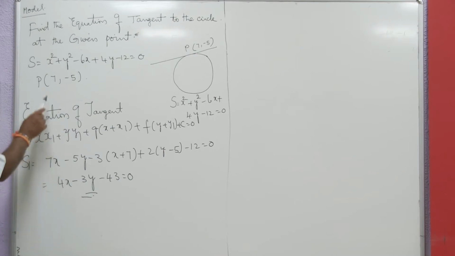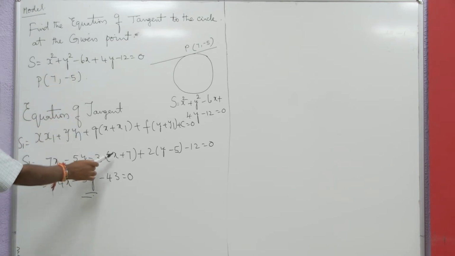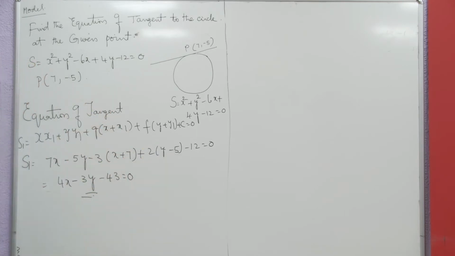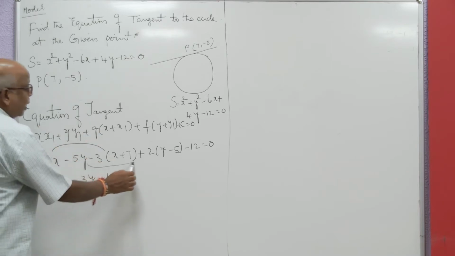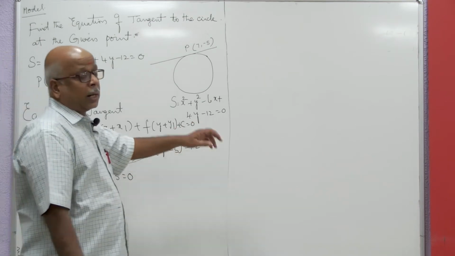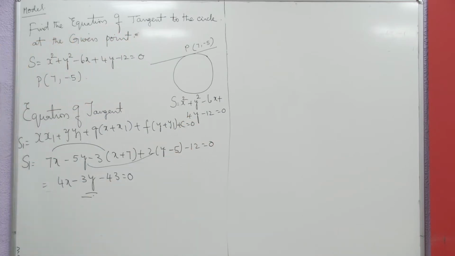Therefore, when substituting: 7x minus 5y minus 3 into x plus 7 plus 2 into y minus 5 minus 12 equal to 0. 4x minus 3y minus 43 equal to 0. That is the equation of tangent.